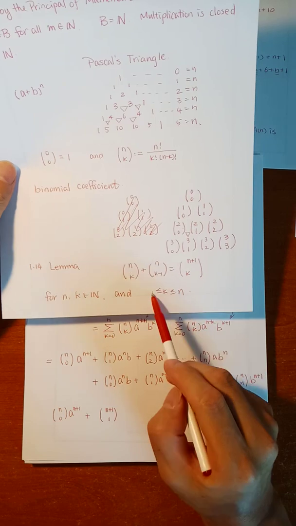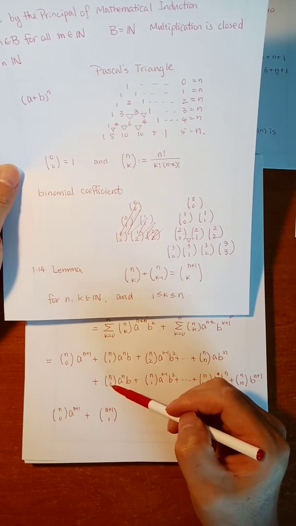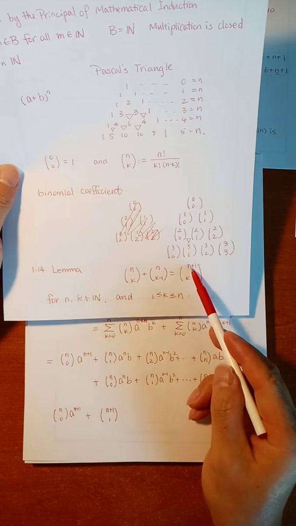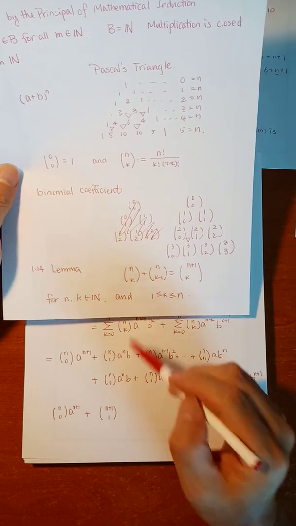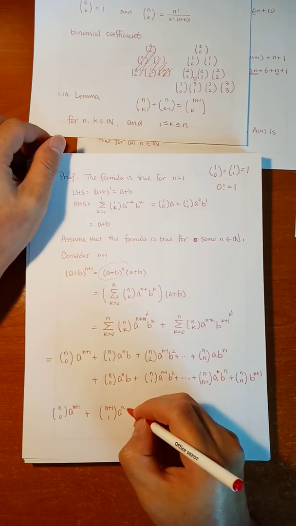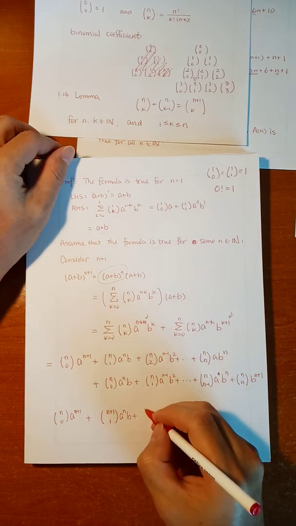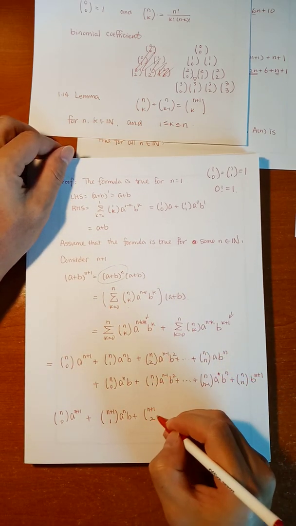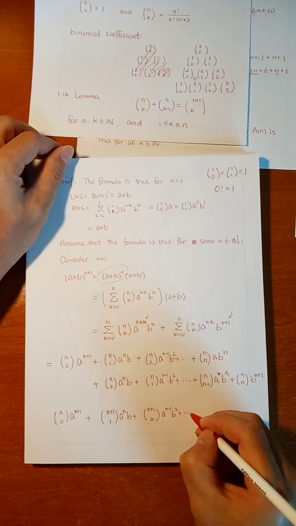You add 1 to the row and choose the bigger number. So it's a^(n+1) for the first, then n plus 1 choose 1, a^n b. Here n choose 2 plus n choose 1 is n plus 1 choose 2, a^(n-1) b squared.